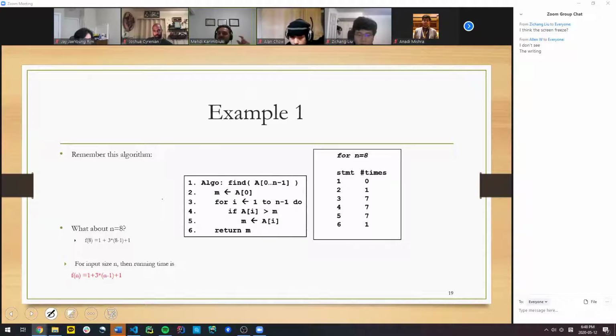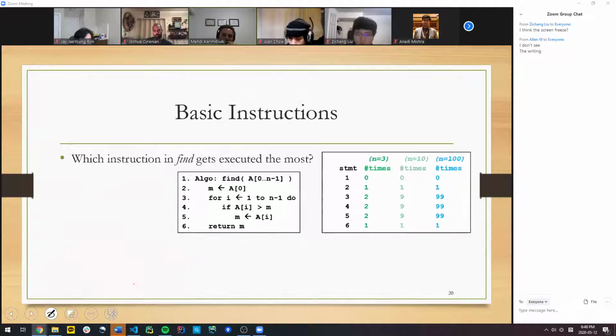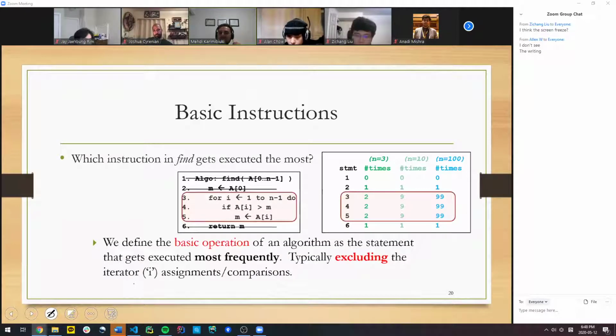The rest are executed based on the number of inputs, and that is the formula we have there for the running time of this algorithm. How about 100 times? We see that lines 3, 4, and 5 are going to be executed 99 times.